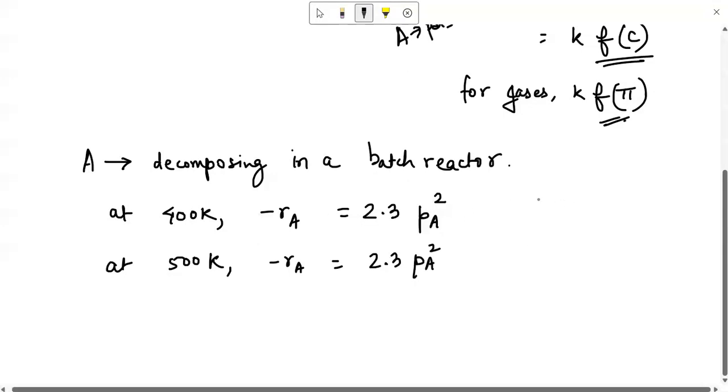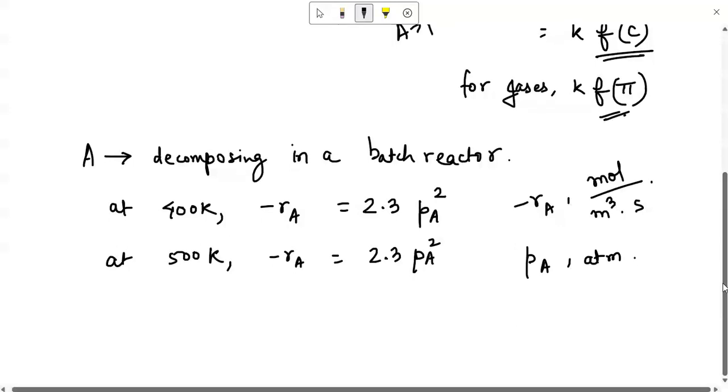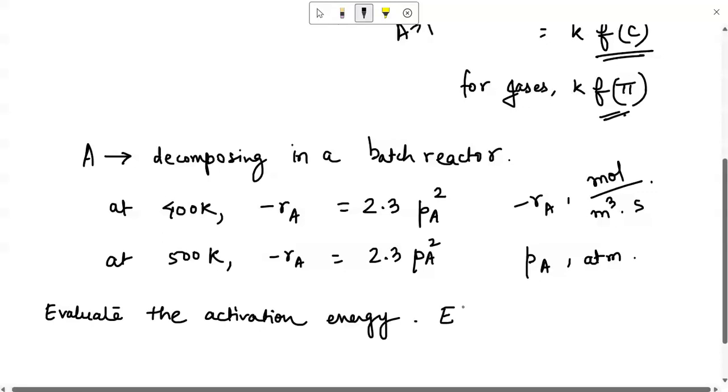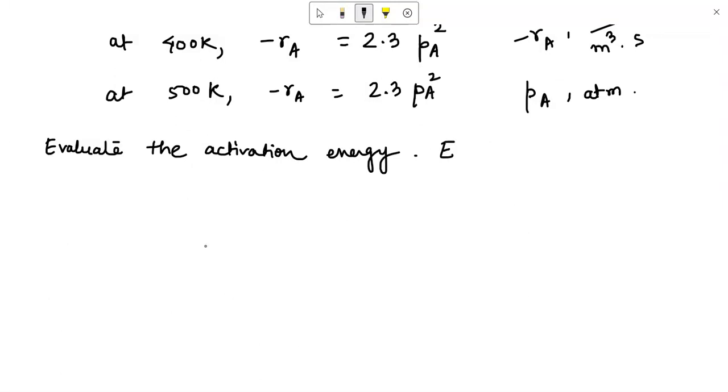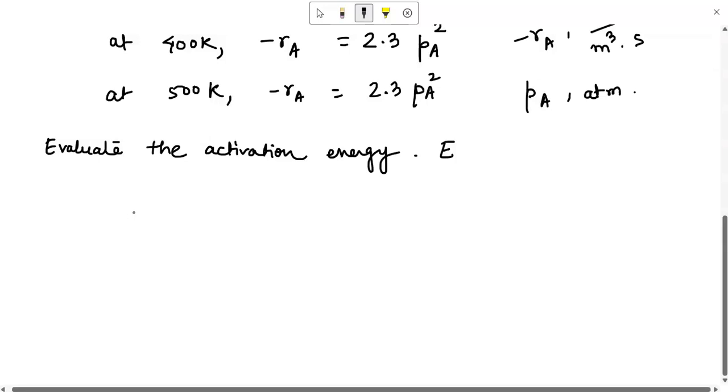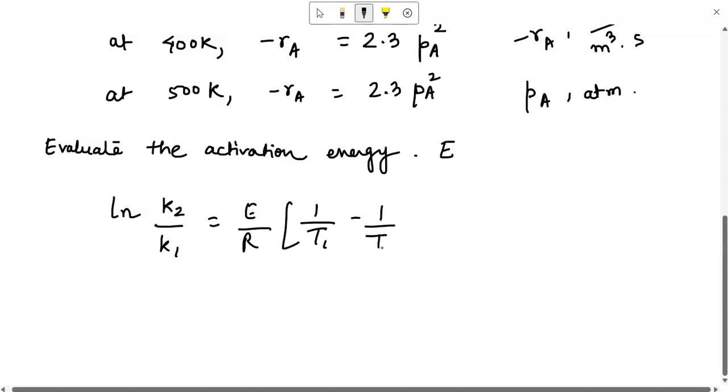Another thing to note, since we are engineers, we have to be careful about units. So minus rA has the unit mole per meter cube second, and partial pressure has the unit of atmosphere. Now our target is to evaluate the activation energy term, E. Generally in these cases we use the rate constant expression and the Arrhenius type relation: ln of k2 by k1 equals E by R times 1 by T1 minus 1 by T2.